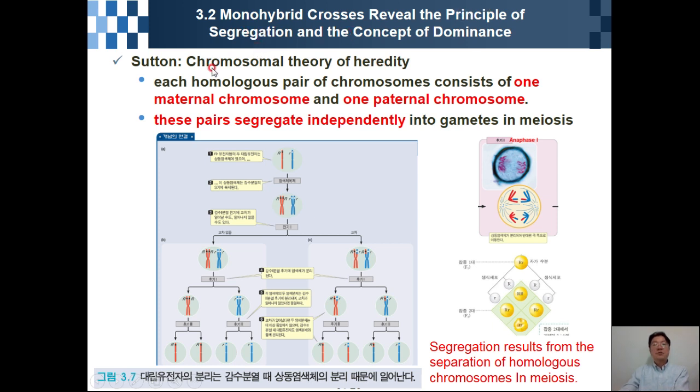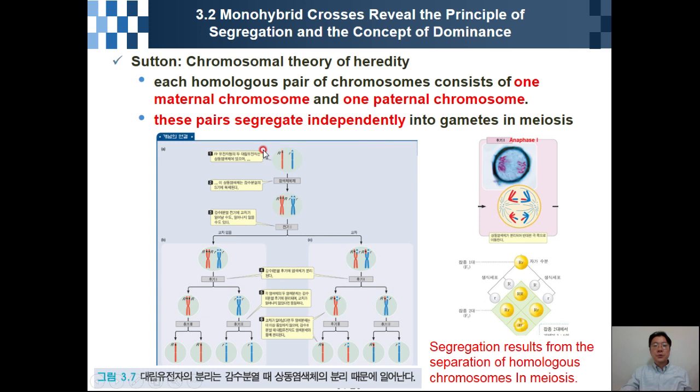So what is the chromosomal theory of heredity? Each homologous pair of chromosomes, for example, the red one comes from the maternal chromosome, and the blue one comes from the paternal chromosome.